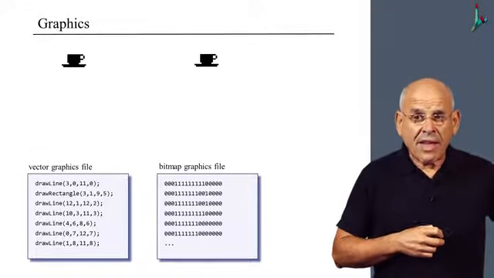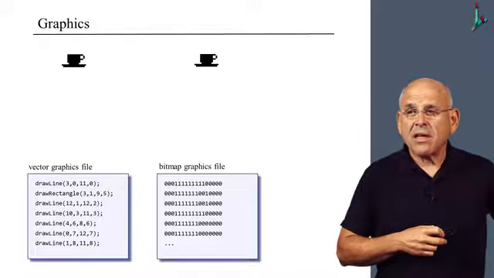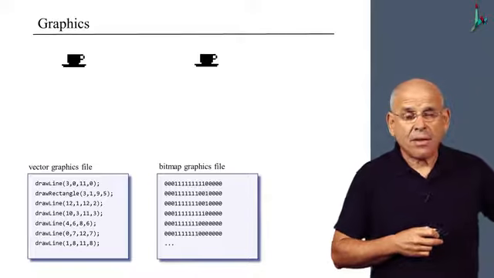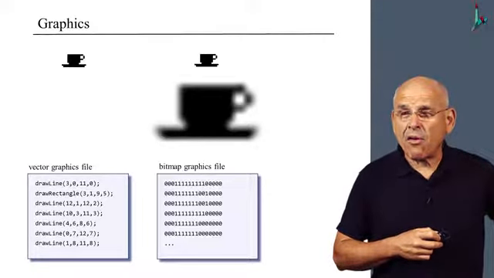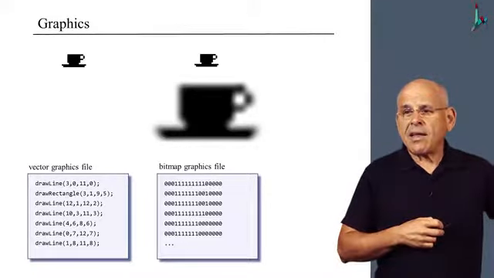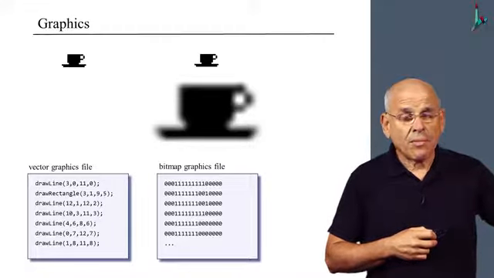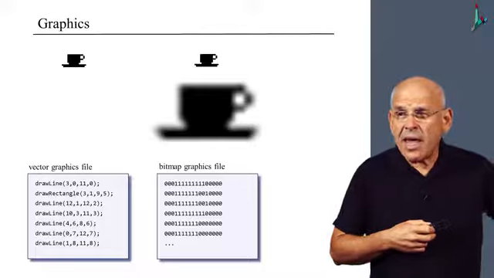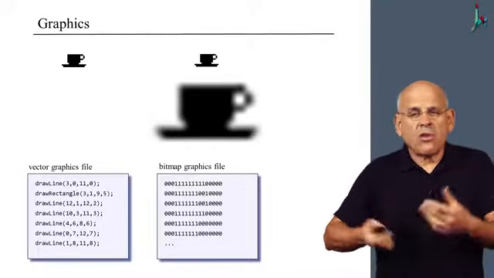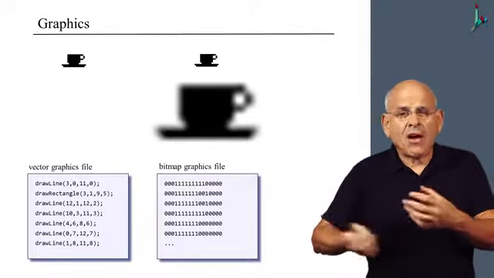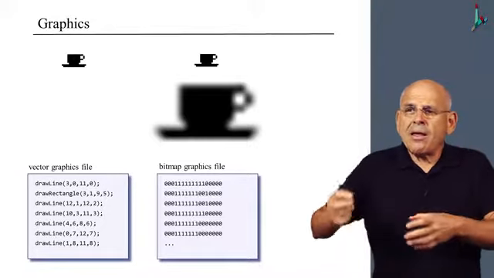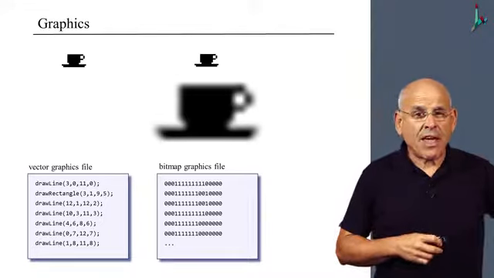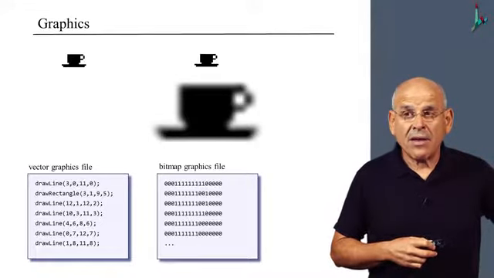So what are the advantages of vector graphics? Well, if you try to scale up these two cups like we did before, you will notice that the bitmap doesn't scale up properly. All we have is these bits of information, and therefore we can try to use all sorts of opportunistic algorithms that compute pixel averages and so on, but the result will not be satisfying to the human eye.